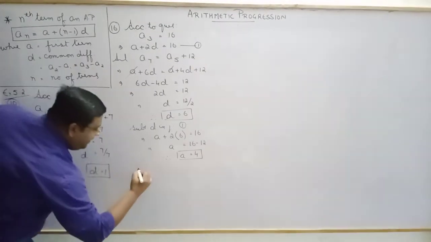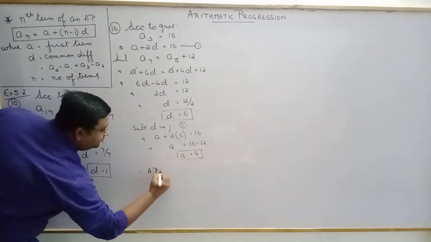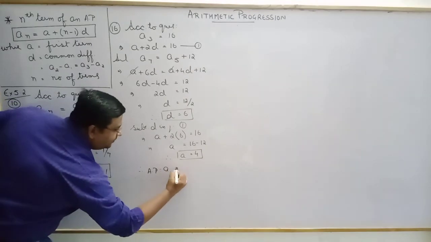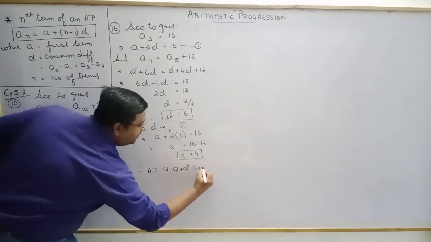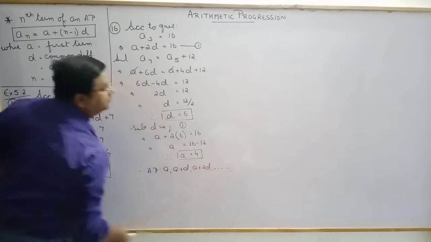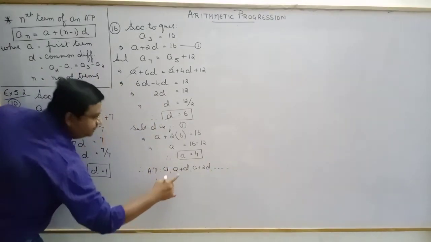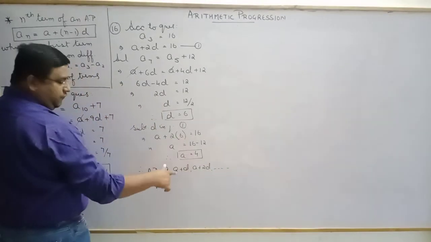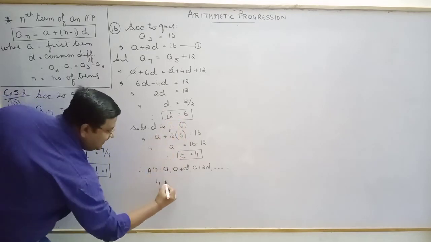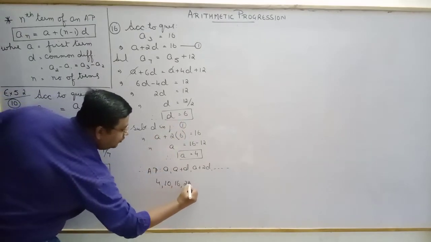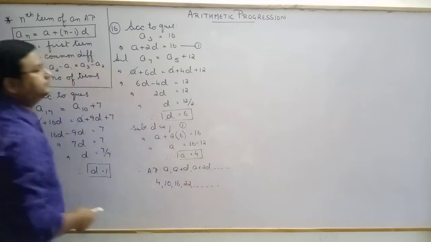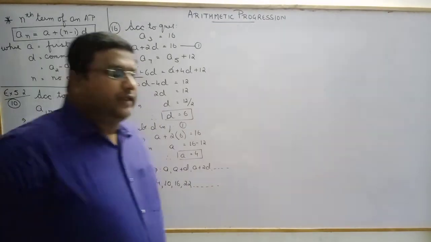So the AP will be A, A plus D, A plus 2D and so on. So how much is A? 4. Then 4 plus 6, 10, 16, 22 and so on. Right? Both of them are condition questions.